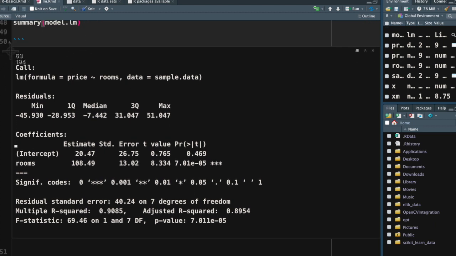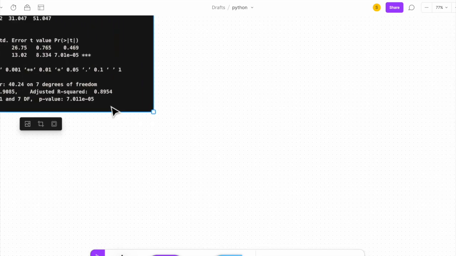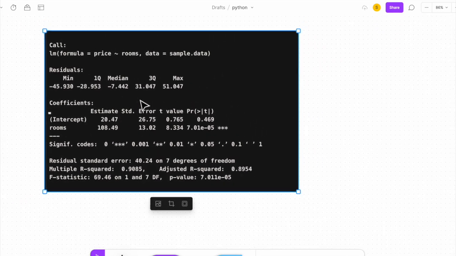Now let's try to put it in a more explainable format. So this is the result which we got from the summary function.